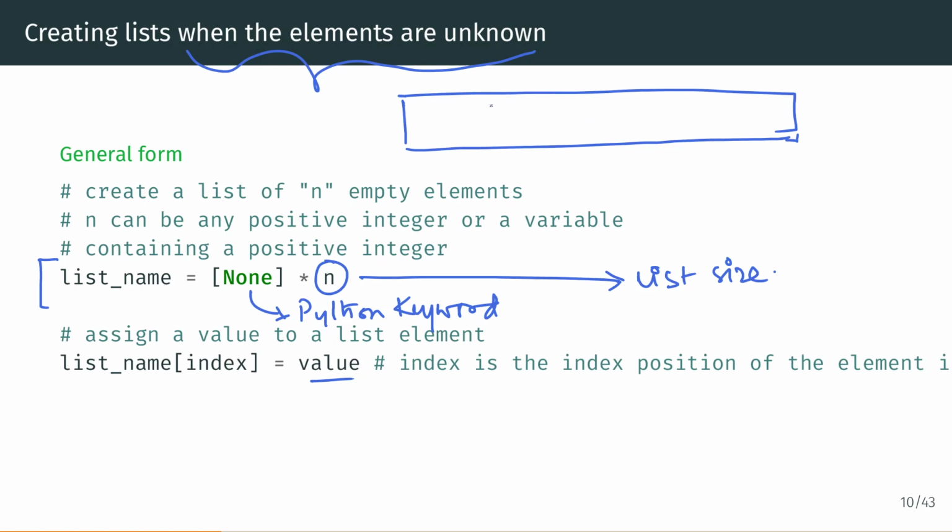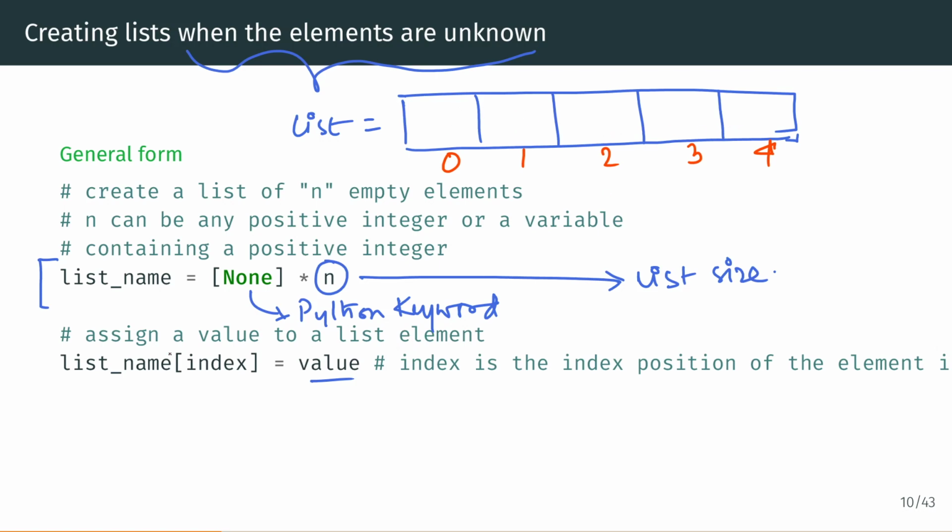It will create a new list of size 5, and all of these cells would be empty. But it will still have the indices ready: index 0, 1, 2, 3, and 4. All the data values inside these indices would be empty.